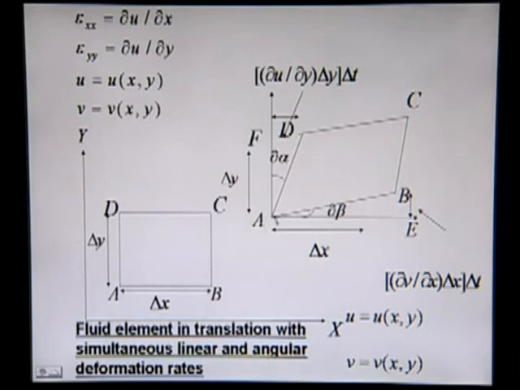Since we have a point A here and we have these two sides AB and AD, if we have an angular motion, then AB is moving in the anti-clockwise direction. The anti-clockwise direction is shown with a positive sign. Then this perpendicular side is moving in the clockwise direction, so it has to be given a minus sign. So for rotation, we have this definition: the average angle made by these sides AB and AD at point A is called rotation.